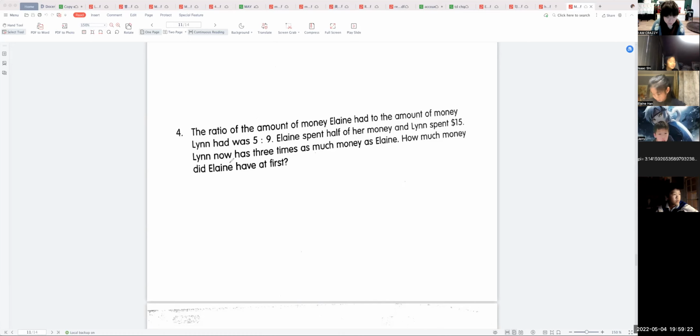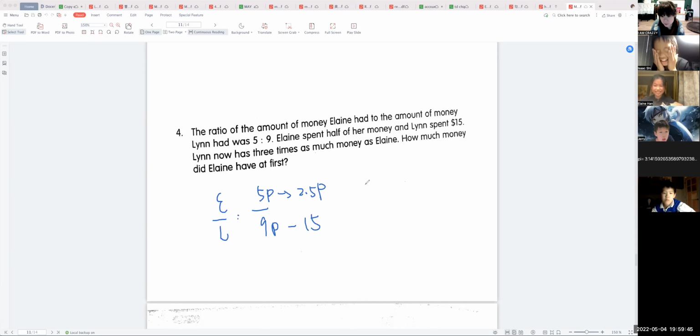Okay, so let's take a look at this one. The ratio of the amount of money Elaine had to the amount of money Elaine had is 5 to 9. So Elaine spent half of her money. Elaine spent 15. Elaine now has 3 times as much as Elaine.